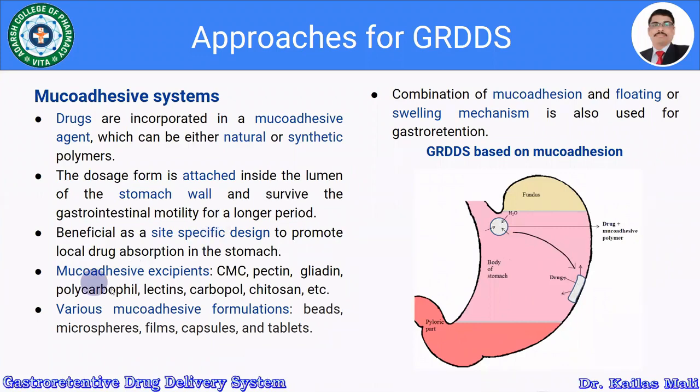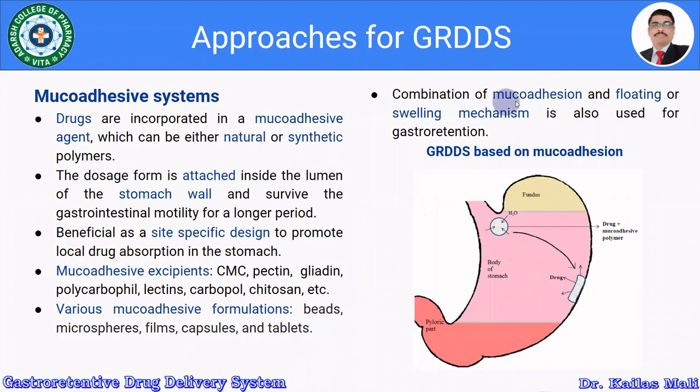Here the mucoadhesive excipients or polymers which are used to formulate the mucoadhesive gastroretentive drug delivery systems are carboxymethyl cellulose, pectin, gliadin, polycarbophil, lectins, carbopol, chitosan, sodium alginate, and so on. Various mucoadhesive formulations we can prepare, like mucoadhesive beads, microspheres, films, capsules and tablets.